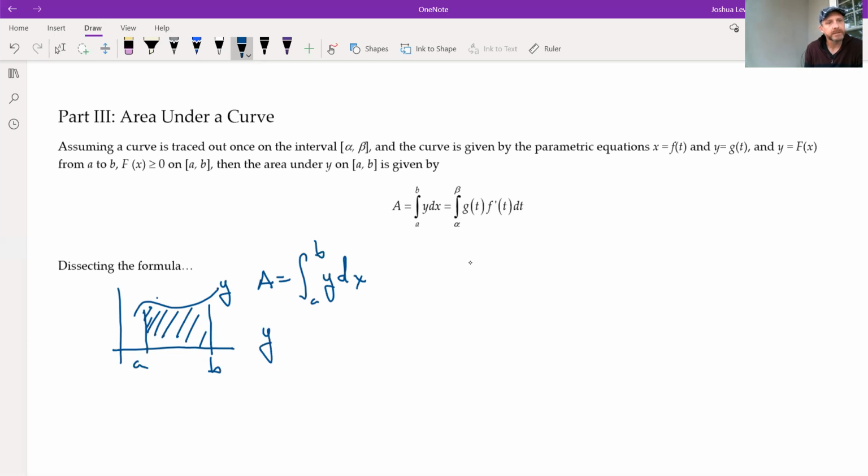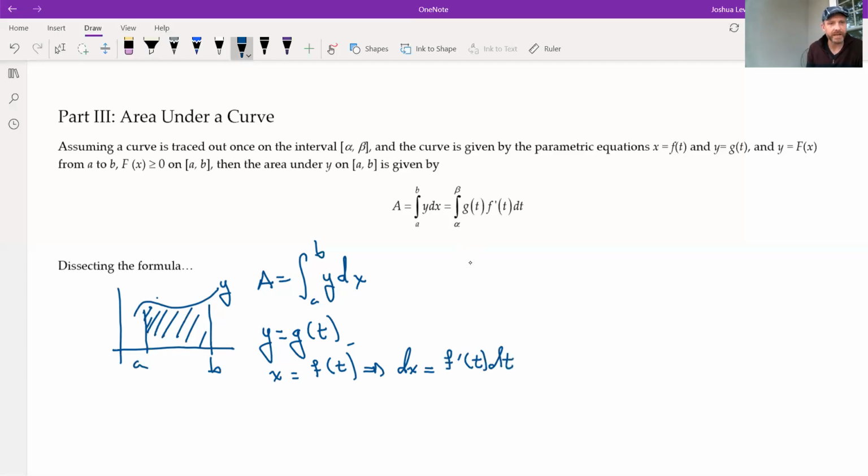But remember, y is actually g of t, and x is actually f of t. Well, if x is f of t, then dx is going to be f prime of t dt.